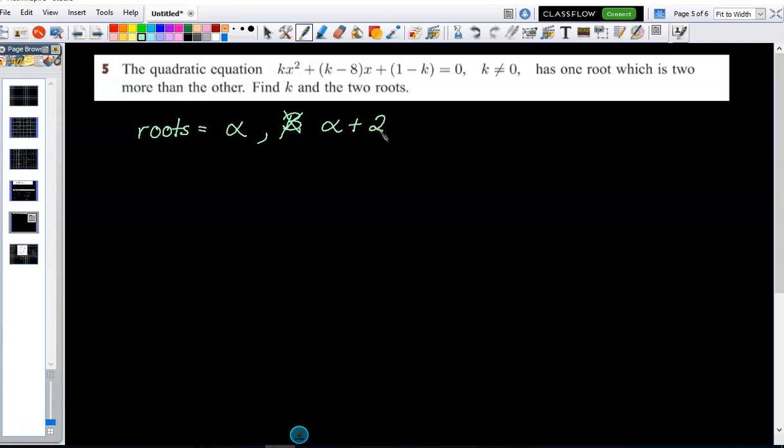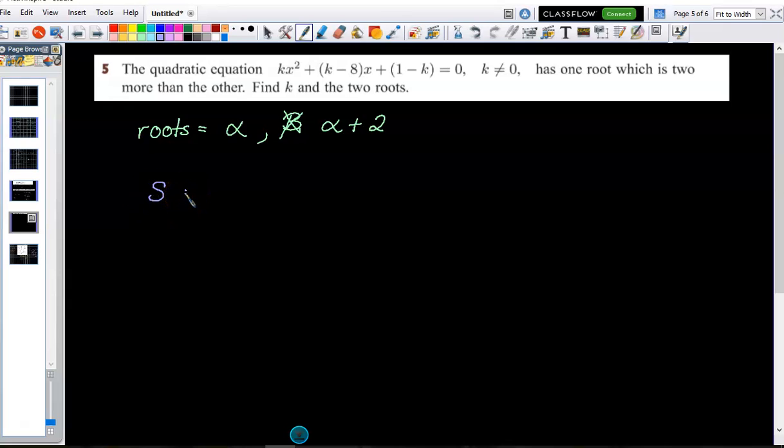Okay, what now? I mean, this is under the heading of sum and product. What could you do? Sum and product. Come on, kids. Find the sum and the product. So, your sum.